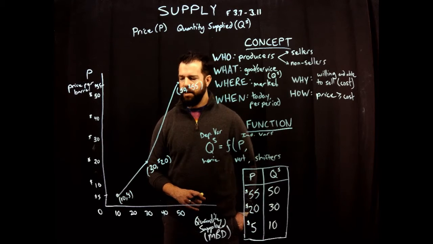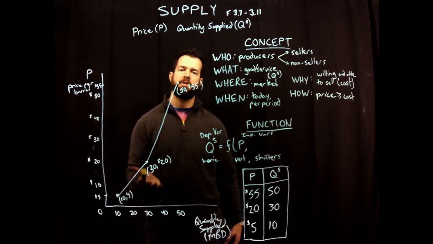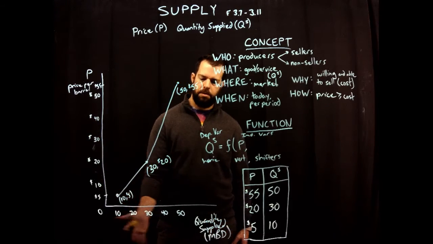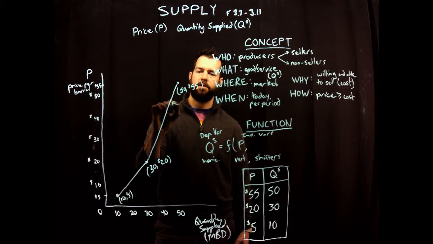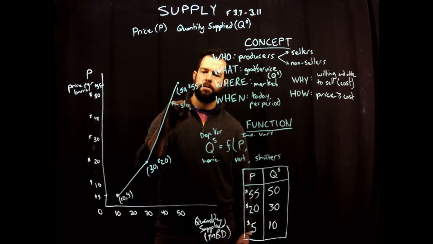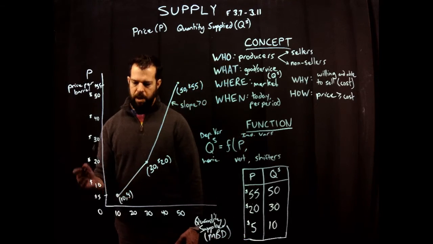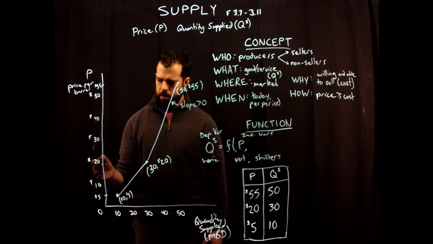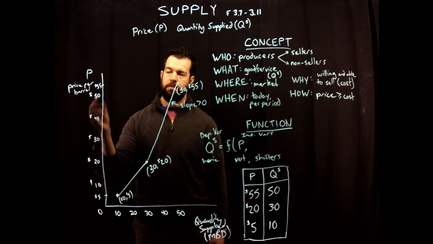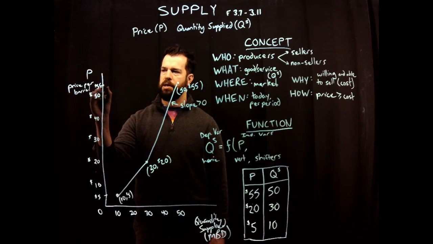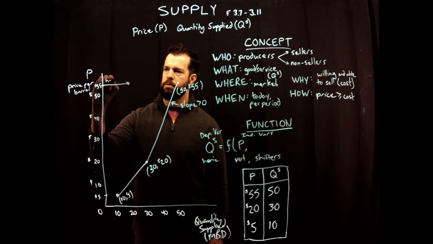And you'll see that when the price goes up, the quantity supplied also increases. Okay, this is a positive relationship, and everywhere you look on the supply curve, the slope is positive. And so if we are to read any point on the supply curve, we could have a horizontal reading.